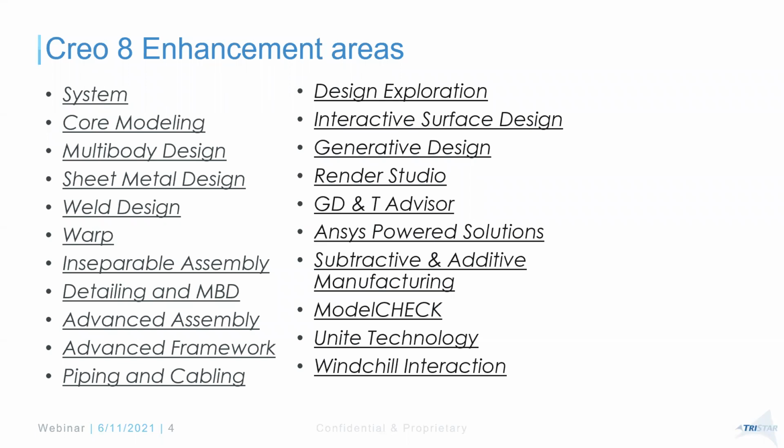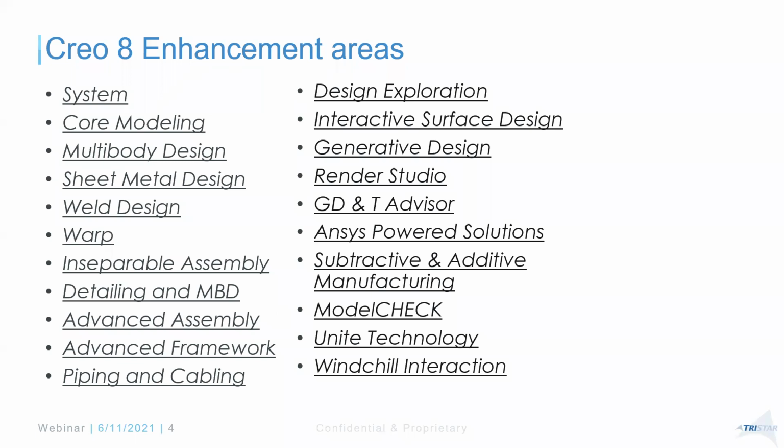From core modeling, the whole sheet metal design features improved, a lot of surfacing improvements, and model tree improvements that might help all users, if you use welding or assemblies. Detailing too. There was a pretty interesting one called inseparable assembly for purchased components. It's very useful, a good first step by PTC. And a few others related to add-on extensions, which you may or may not have, but this is just a quick snapshot of where the enhancements have been.